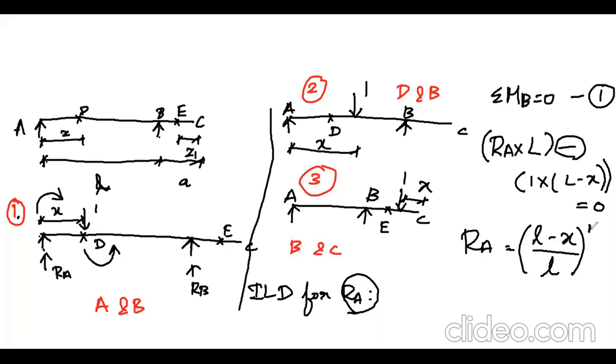You all know, because it has power 1, the variation of the influence line diagram will be linear. The variation of the influence line diagram for the reaction at A will be linear in the case of an overhanging beam. That overhang is provided only on the right side portion of the support.